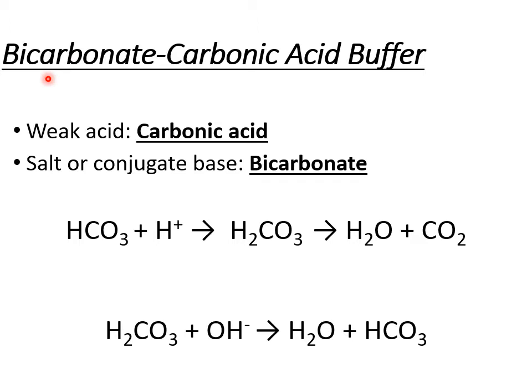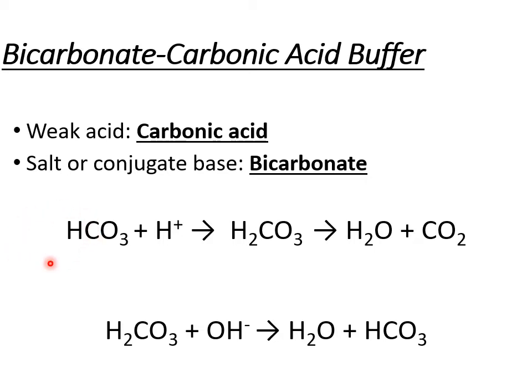Unahin natin ang bicarbonate carbonic acid buffer, and in this system, the weak acid is the carbonic acid. The salt or the conjugate base is the bicarbonate. So, the combination of this will be the buffer system. Okay, halimbawa in this situation, halimbawa lang marami kang alkaline sa katawan or madami kang bicarbonate.